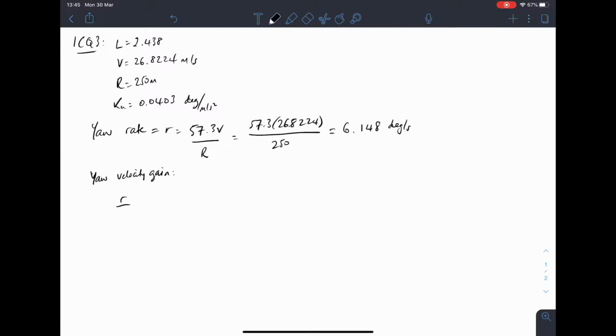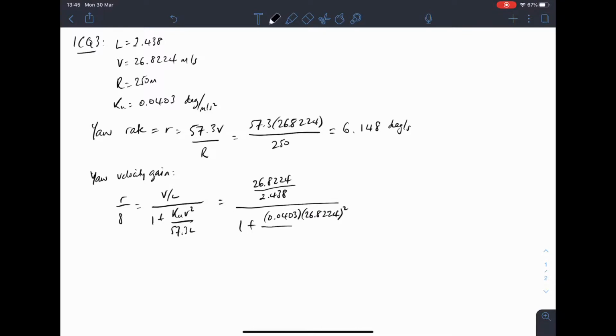So that's going to be r divided by delta, and this is V upon L, divided by 1 plus Ku V squared over 57.3 L. And so we've got 26.8224 divided by L, which is the wheelbase, 2.438, divided by 1 plus 0.0403 times 26.8224 squared divided by 57.3 times 2.438.